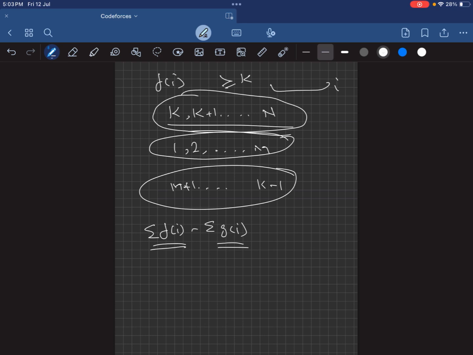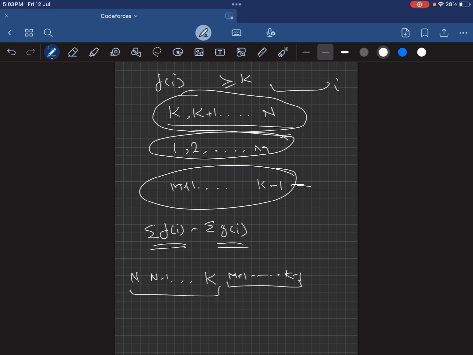So it will be wiser to have them at the beginning of the permutation, as n down to k. Then we can have all the middle elements m plus 1 to k minus 1, since they are not contributing to anyone.